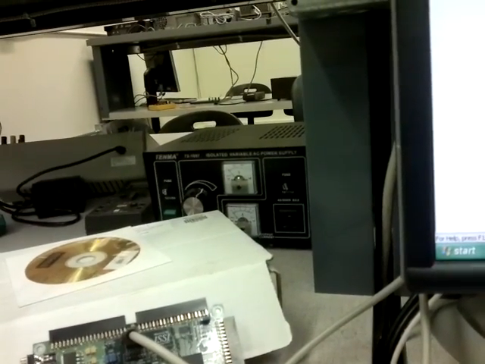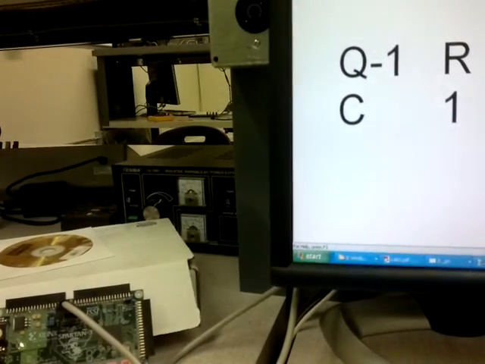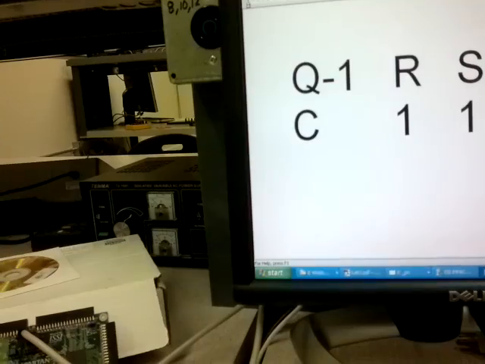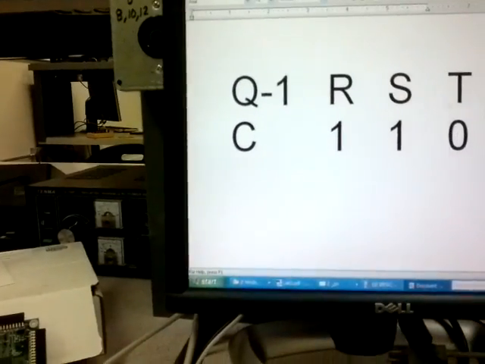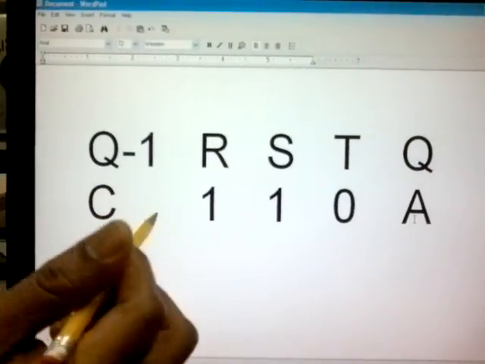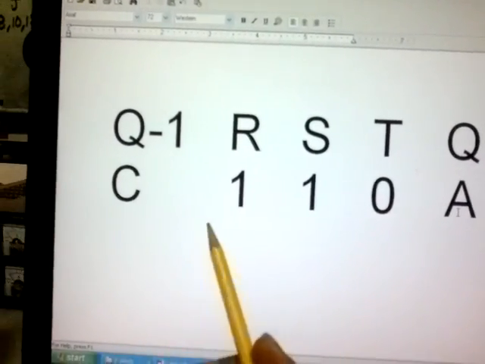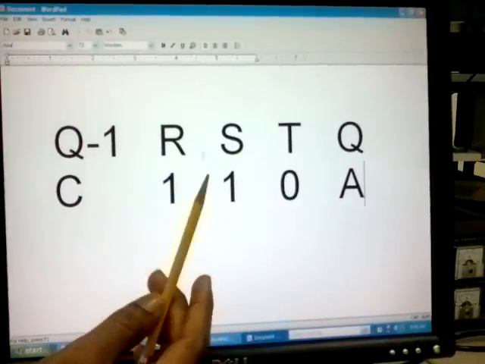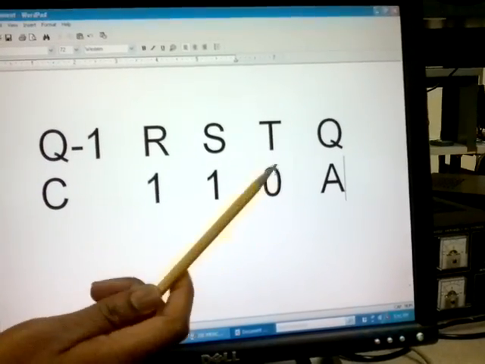Now from C to A. From state C to the initial state A, we have R being 1, S being 1, and T being 0.